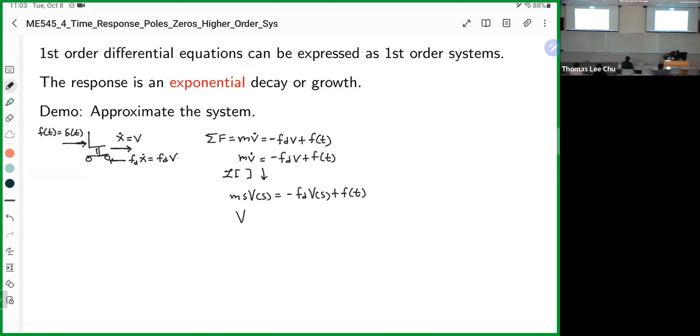Then when I factorize it, I get velocity in the frequency domain as my output, and my input is force. I get V of s equal to 1 over (m s plus F_D) multiplied by the input F of s.